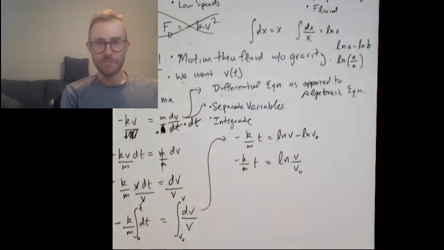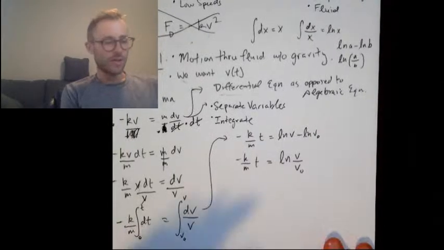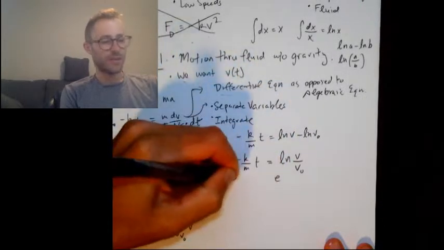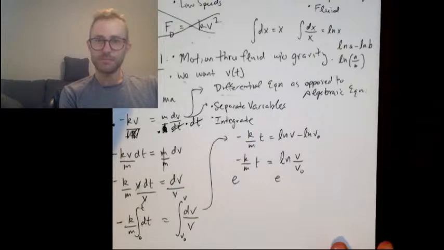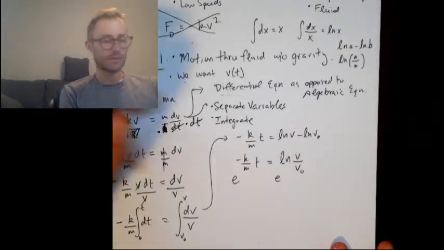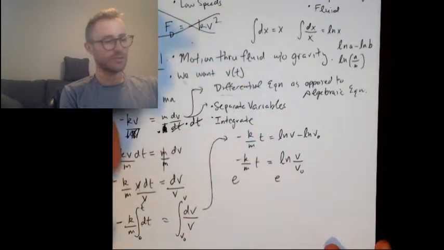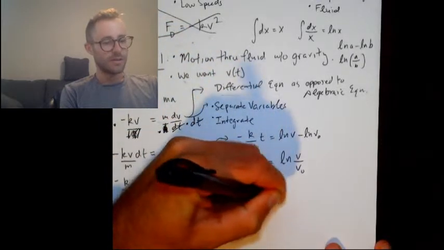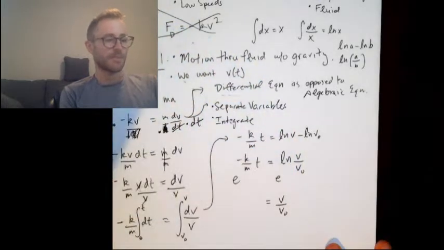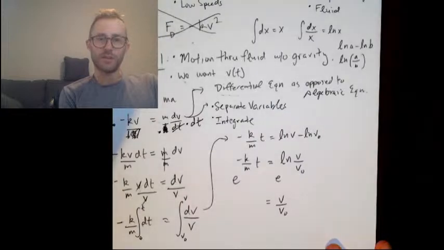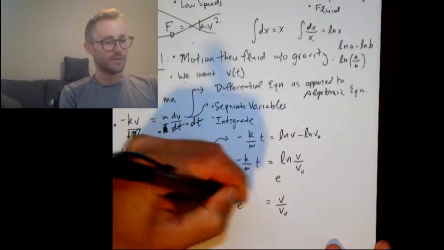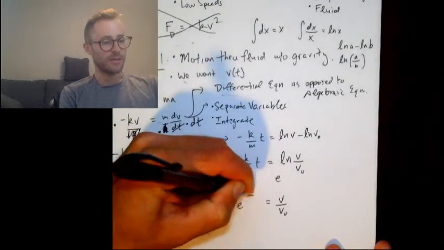And now I'm going to do e to both sides. So the e cancels out the natural log, and on the left-hand side, I'm going to have e to the minus kt over m.